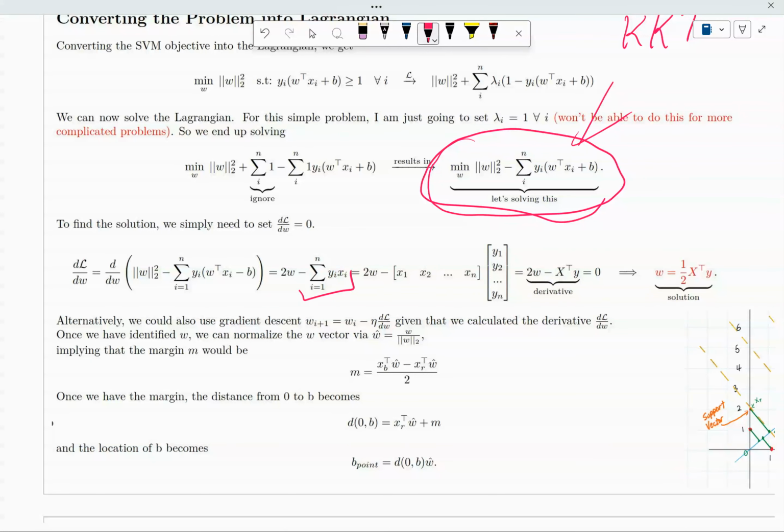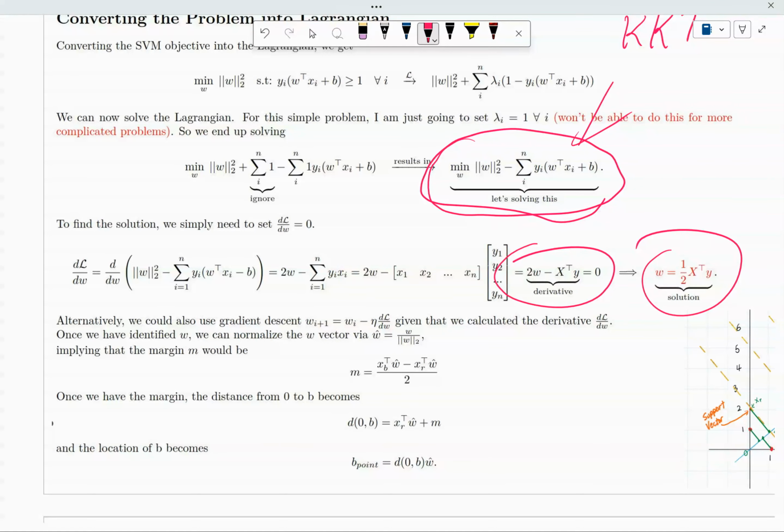But this part we can. Notice it's x1 times y1, x2 times y2, so we can rewrite it into this form. This is simply x transpose, the data transpose, and this is the y vector. And therefore, we now have 2w minus x transpose times y. If we set this to 0, then we basically have the solution.